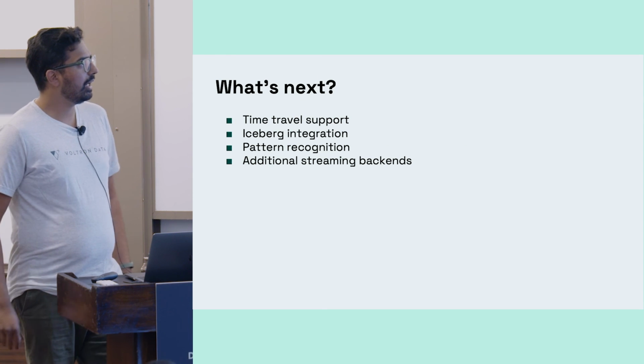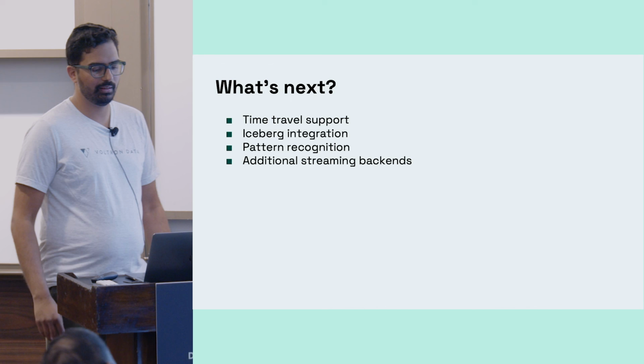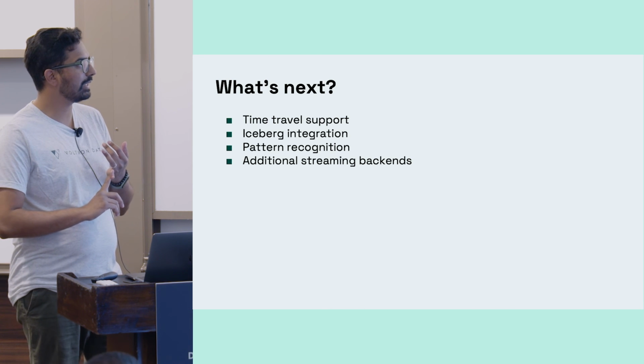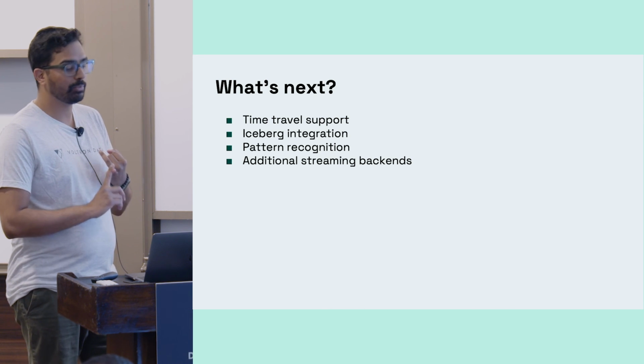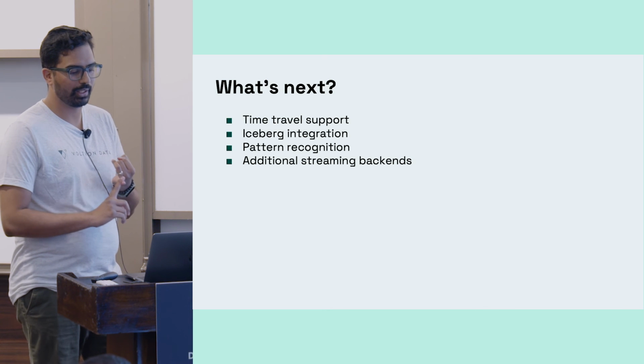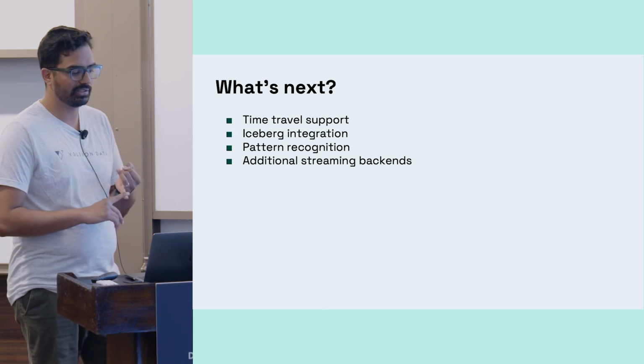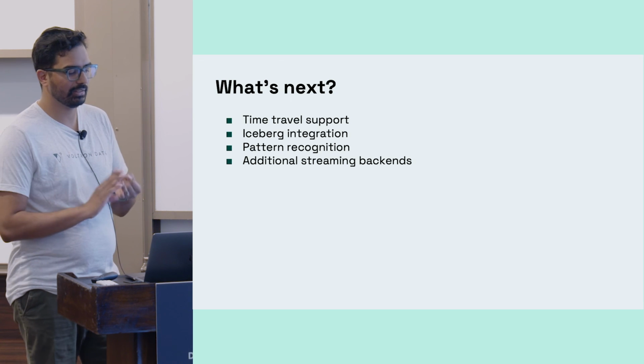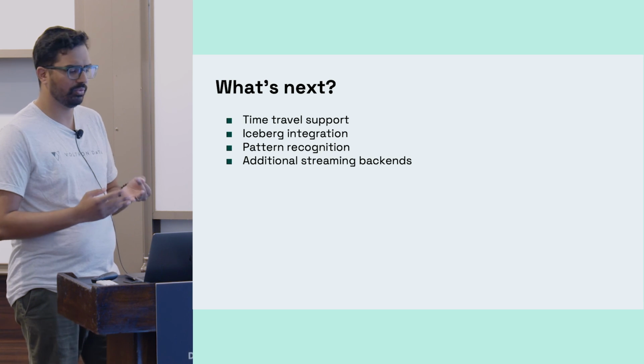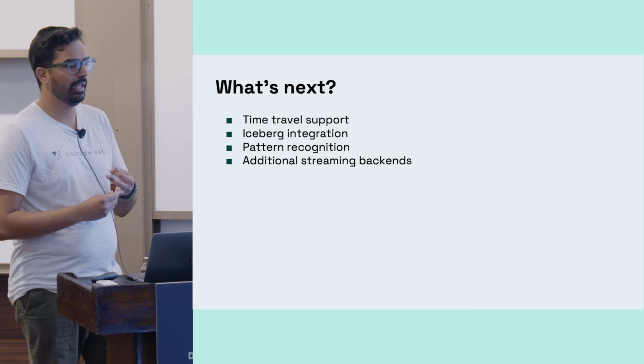Okay, so what's next? One of the things is support for time travel queries. That's currently something that we're working on. This applies to some streaming backends like Flink, also to a number of batch backends, things like BigQuery, I think Snowflake. They all support some level of time travel queries.